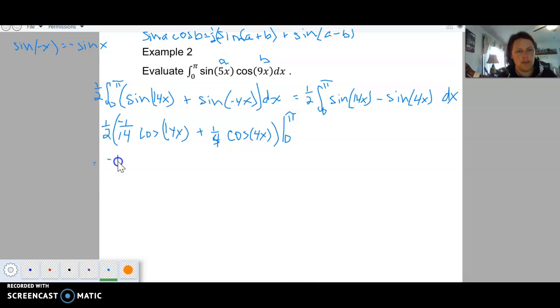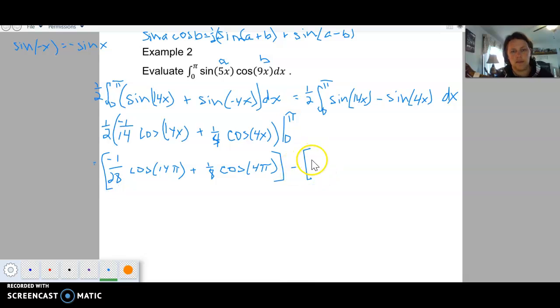So I will end up with negative 1/28 cosine of 14 pi plus 1/8 cosine of 4 pi, minus all of that same thing, but now we're going to plug in 0, so negative 1/28 cosine of 0 plus 1/8 cosine of 0.